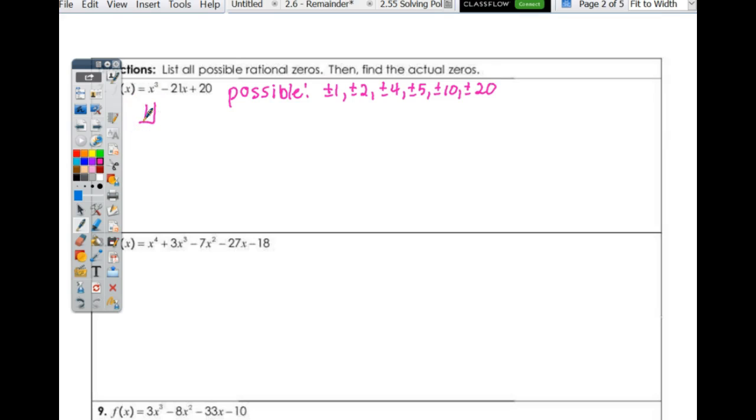Okay, so if I pick one, and we started with one, there we go. 1 times negative 20 was hard. It's a hard fact to remember. So I got 0 for a remainder, which means that x plus 1 is a factor.